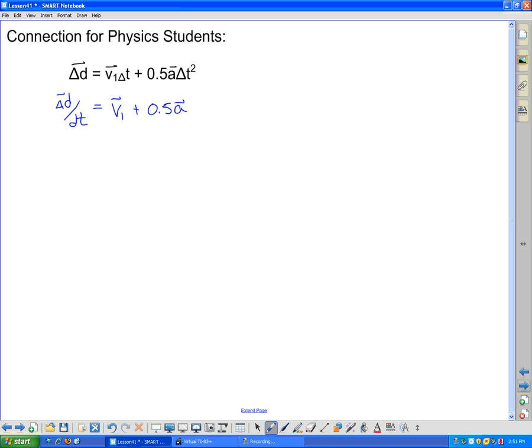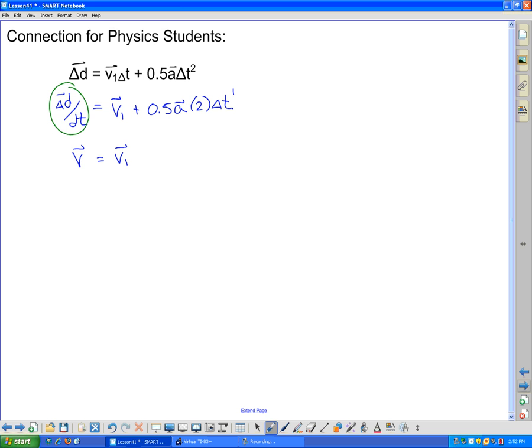Derivative of delta t squared would be 2 delta t to the exponent 1. So my question is, what is the change in displacement with respect to time? It becomes velocity. So change in displacement with respect to time is velocity.